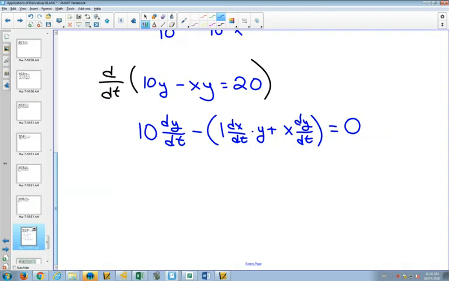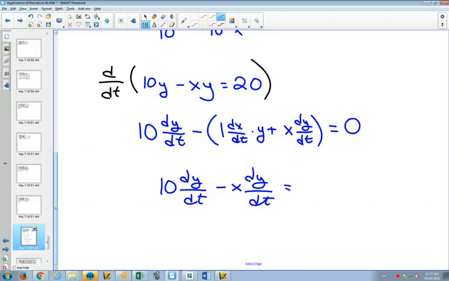We are trying to find dy/dt. That's what we want to find. We can put dy/dt all on one side. We're going to have 10 dy/dt, subtract x dy/dt.